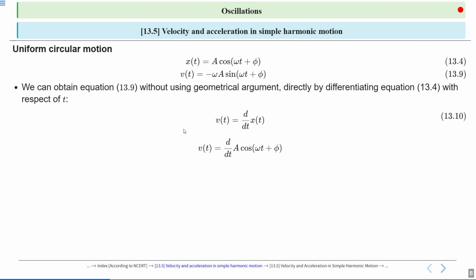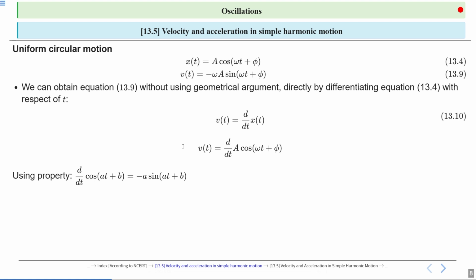So we have v of t is equal to differentiation of a cos omega t plus phi, where a is constant, so it stays out front. We are differentiating the cosine function with respect to time, where the inside of the cosine is omega t plus phi.